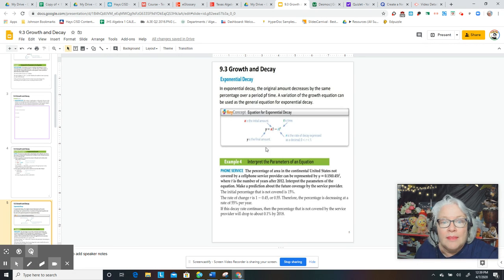Here is an example. Interpret the parameters of an equation. Phone service. The percentage of an area in the continental United States not covered by cell phone providers can be represented by y equals 0.150 times 0.45 raised to the t power, where t is the number of years after 2012.